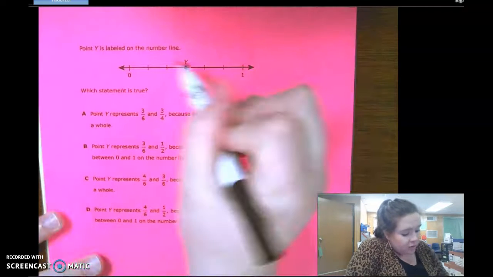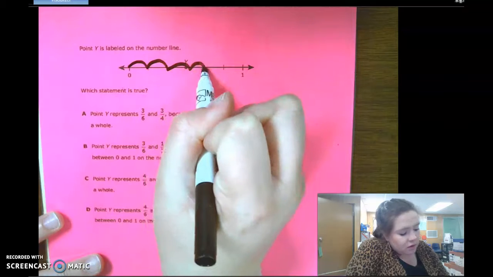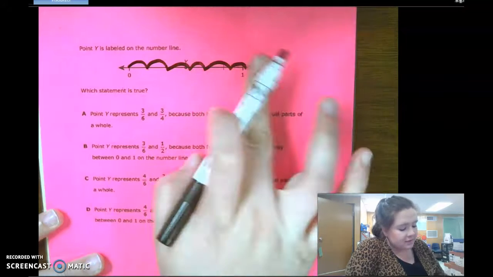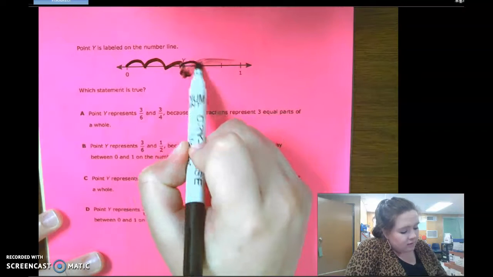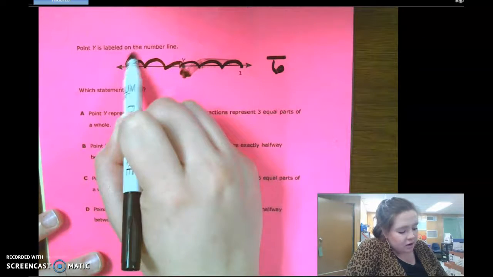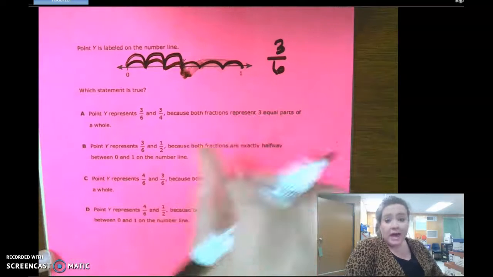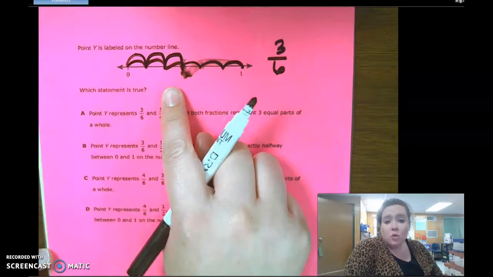Okay, point Y is at 1, 2, 3, 4, 5, 6. Make that a little more even. So your denominator is 6, and then it's at 1, 2, 3, 3 spaces away from 0.